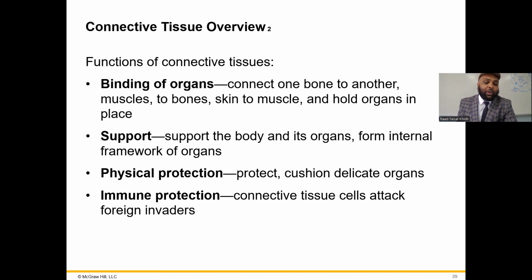It is also there for immune protection because the connective tissue cells attack foreign invaders. And we said that this is part of innate immunity. There are what is known as resident sentinel immune cells in the connective tissue that attack foreign invaders as a first line of defense.